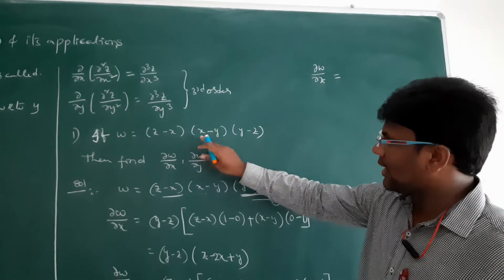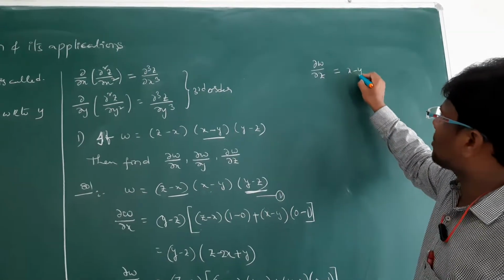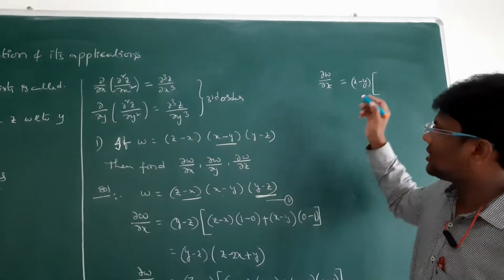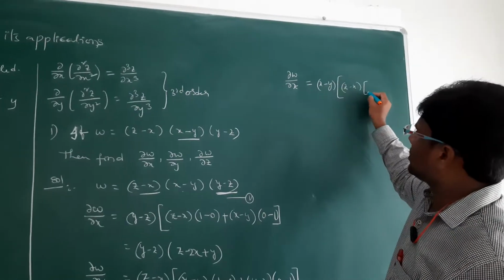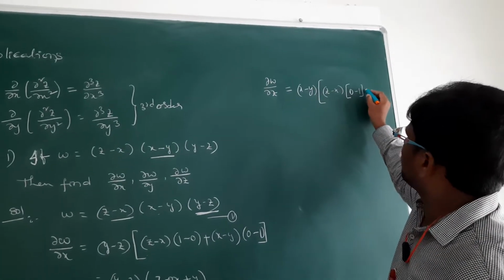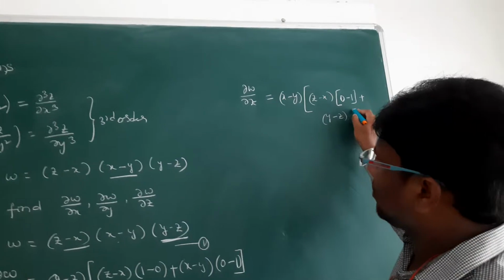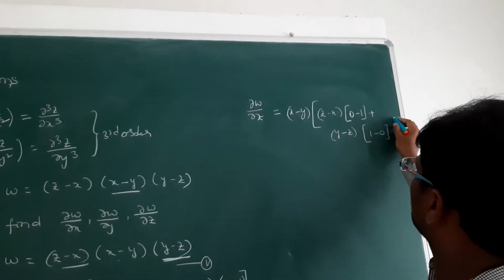Here x comma y, in this no z terms are there, we keep it as constant. x minus y into the remaining one, differentiation. z minus x into, with respect to z, y is constant 0, z is minus 1, plus y minus z into, with respect to z is 1, x is constant, 0.